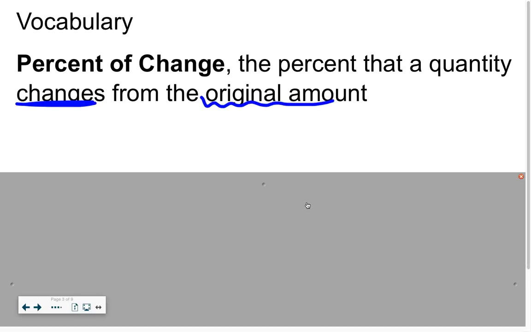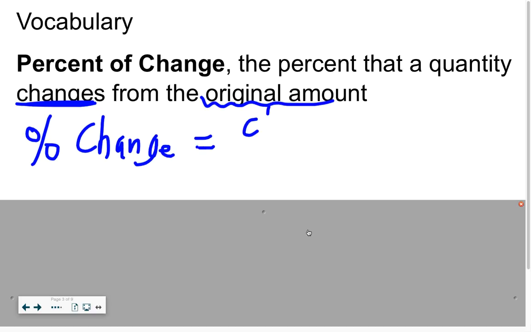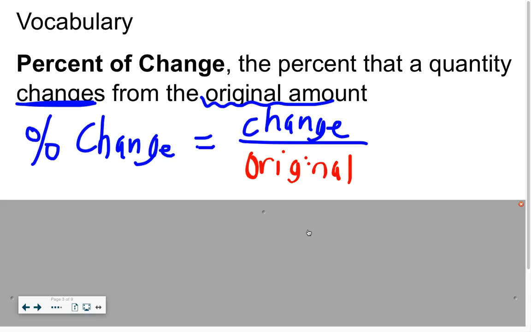So for us, every time we're going to write this down, I'm going to use my shorthand, percent change. To find the percent change, you're going to write the change over the original every time. I'll explain what that means when we get to a problem, but that is what you write down every time.